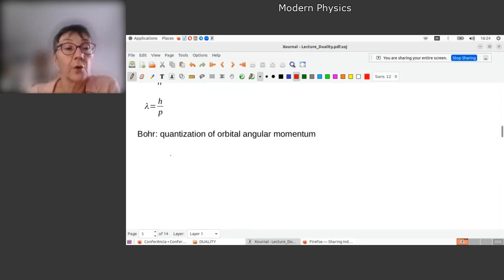One thing I think de Broglie saw is that when we studied the nuclear atom, the Bohr atom, one of the things Bohr wrote was the quantization of the orbital angular momentum. You remember the postulates: the stable orbits of the electrons.